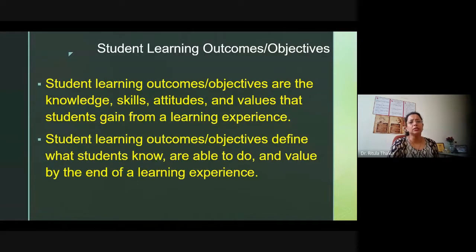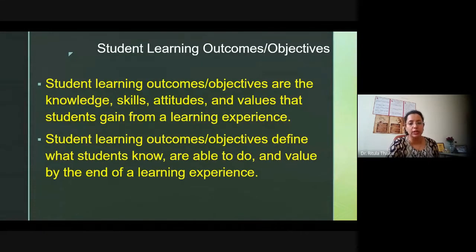So basically, according to the definition, student learning outcomes or objectives are the knowledge, skill, attitude, and values that the students gain from a learning experience. You all are attending this STC, so you have some objectives, learning outcomes which you will gain after attending this STC.